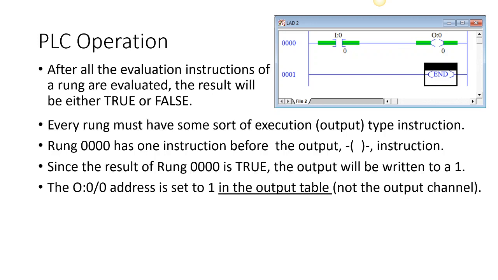Okay? So again, we're not writing directly to the channel, we're writing to the table. And it's going to make sense here in just a minute when I show you the third step of what happens. So just to review, the first step is we went and we read all of the input channels and we just stored them in that input table. And you can think of those as just little locators in a spreadsheet.